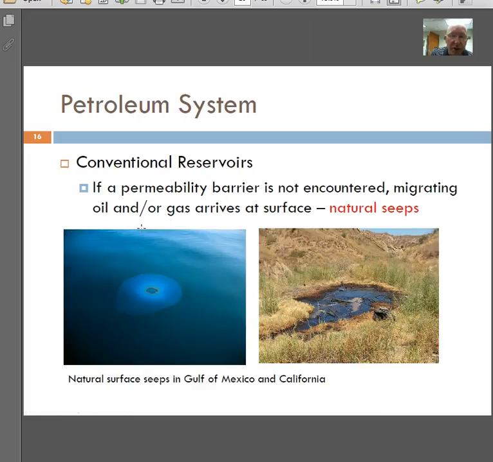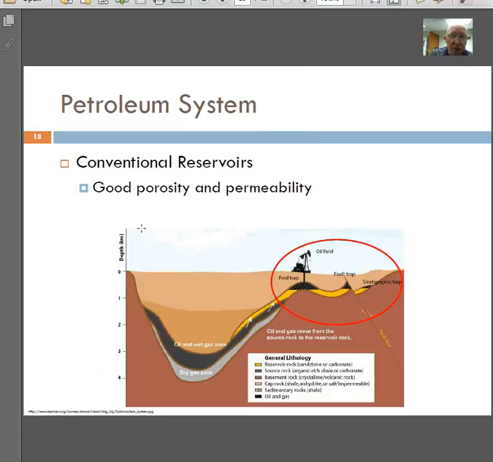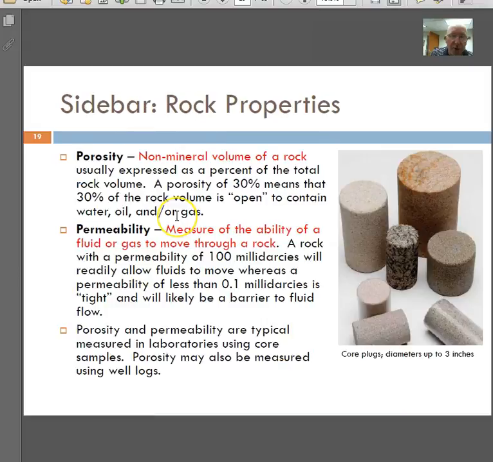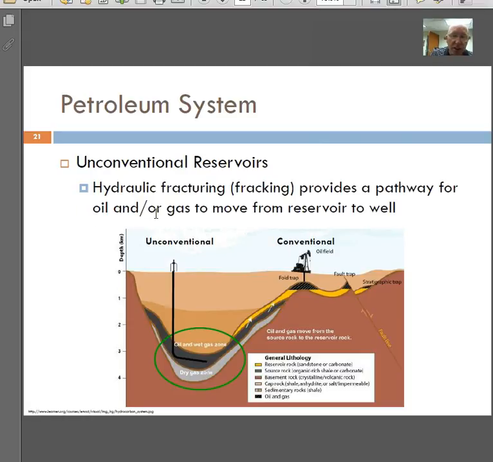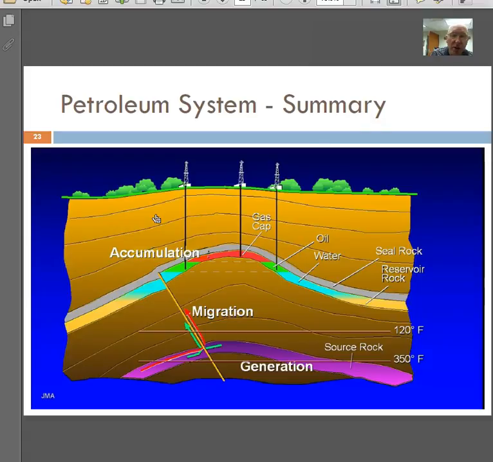What happens if there's no trap is also interesting. Again, this idea of porosity and permeability will always help you. And like I've talked about, the difference between unconventional and conventional is going to be important. So those little diagrams can be very helpful to make sure you understand those.